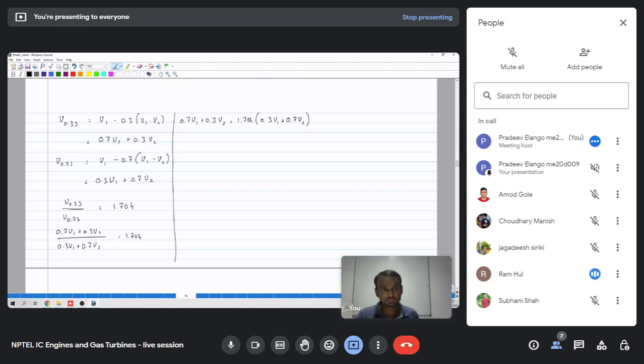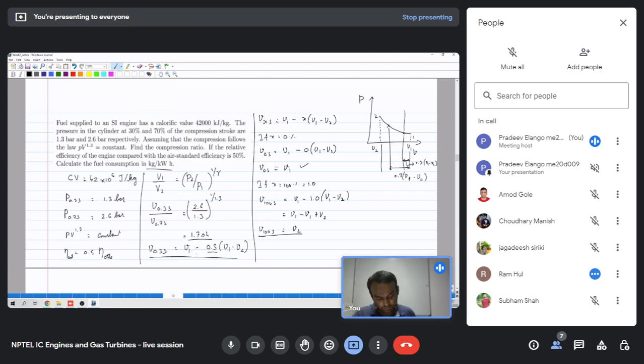So the 1.704 relation is given, right? Yes, that we have calculated using the pressure volume relation.